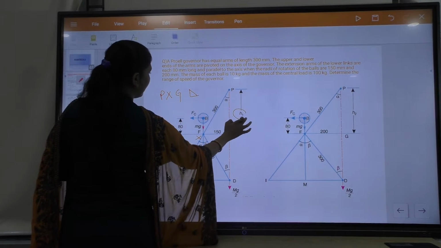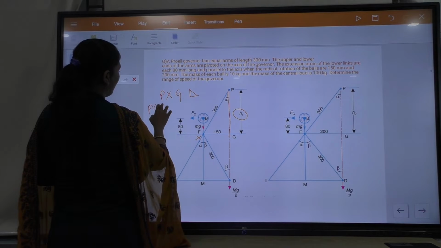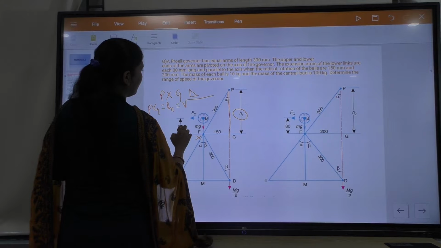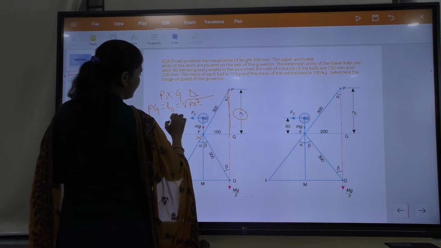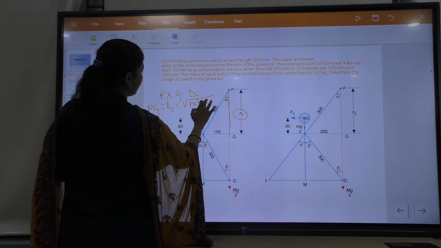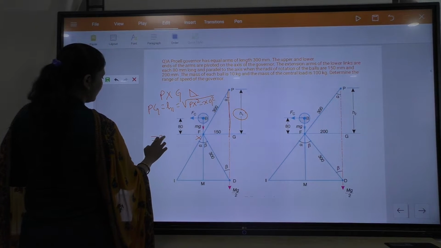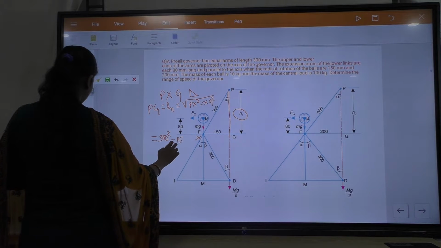So, the value of H1 or PG will be equal to under root PX square minus XG square. So, that will be equal to your 300 square minus 150 square.